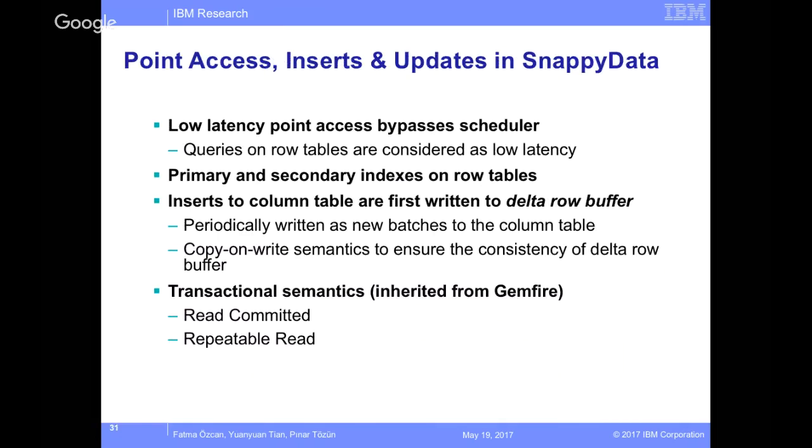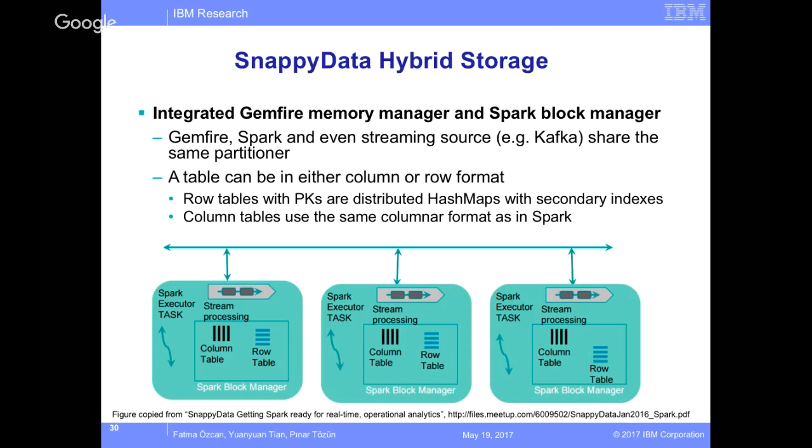Okay. So for point queries, inserts, and updates, they distinguish the type of query. If it is a low latency point query, they even bypass the scheduler. Actually, did I miss something in the previous slide? Okay, yeah, I missed one point. They use the same partitioner for Gemfire and Spark, and even the Kafka upstream source, so the data doesn't need to move across different nodes.